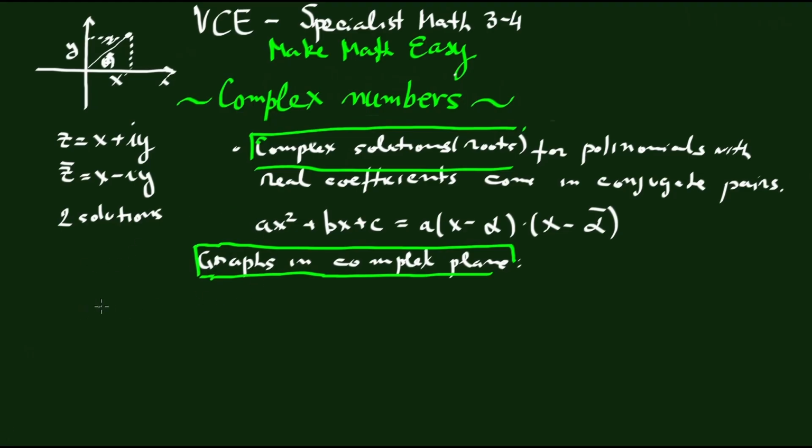So for example, let's draw a graph of z, absolute value of z equals 4. So how are we going to do that?